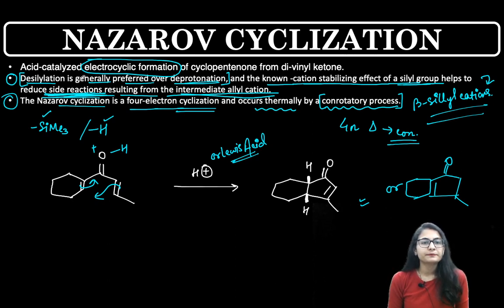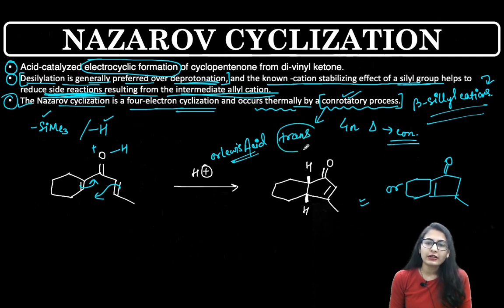Right over here, it is acid-catalyzed electrocyclic formation of cyclopentenone from divinyl ketone. Desilylation is generally preferred over deprotonation. The Nazarov cyclization is a 4-electron cyclization and occurs thermally by a conrotatory process, and that is why it gives you trans product.